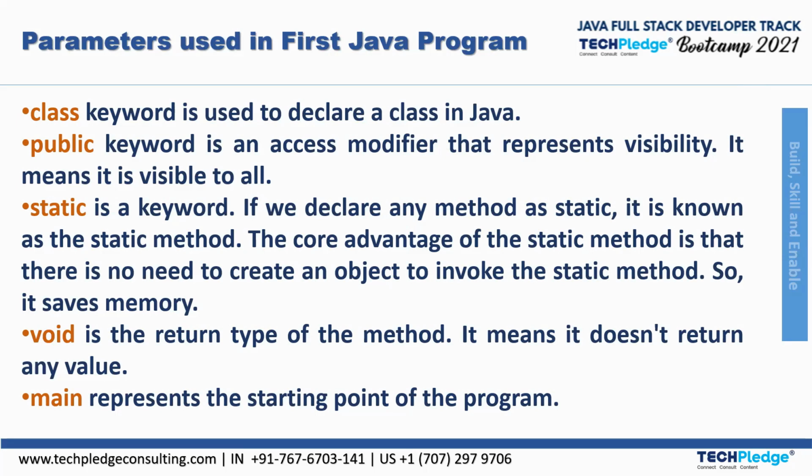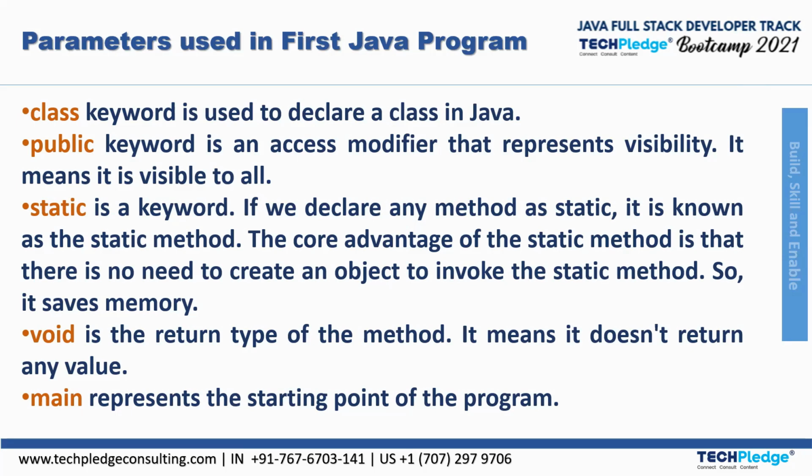The next is static. Now static has many uses, one of which is that when you invoke a static method, it saves memory space. If you're declaring a variable or a method to be dynamic, it takes up much more space in the memory.